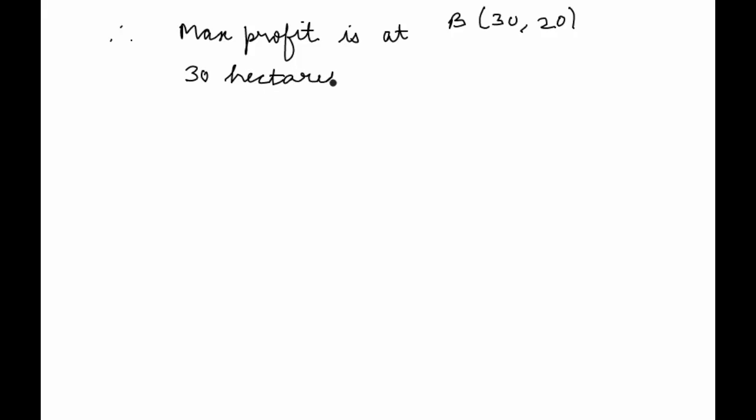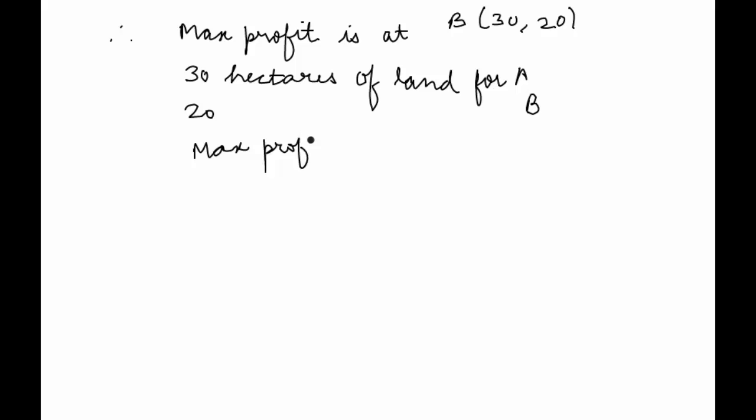Therefore, we say that the maximum profit is at point B, which is 30, 20. Therefore, 30 hectares of land should be allocated for A, and 20 hectares of land should be allocated for crop B to give the maximum profit, which is equal to rupees 4,95,000.